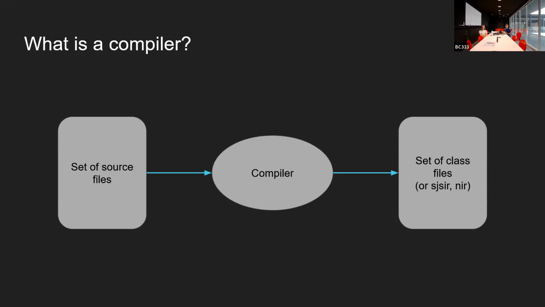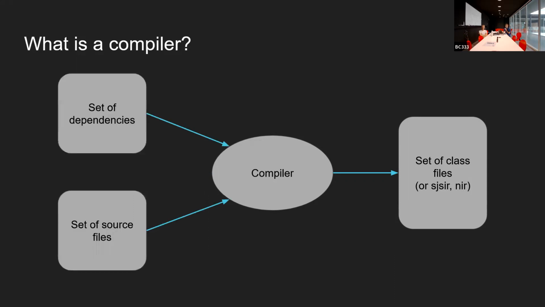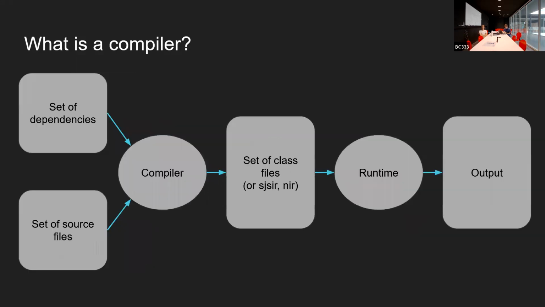But that's really a simplification, right? There are other things. First, it's not only the source files, it's also a set of dependencies in the form of jars or directories with class files. But that's still not quite the full picture. In fact, we're not really interested in the very precise output of the compiler.